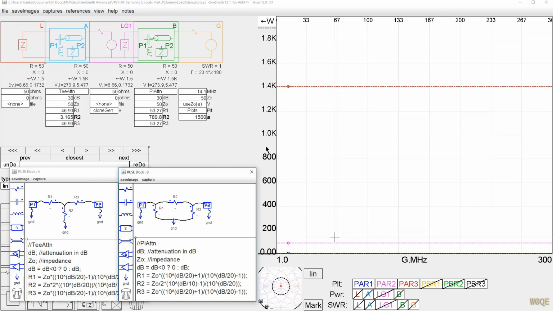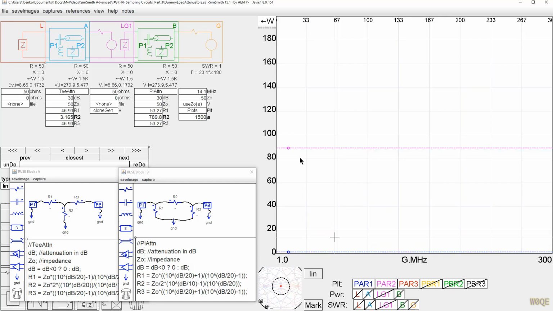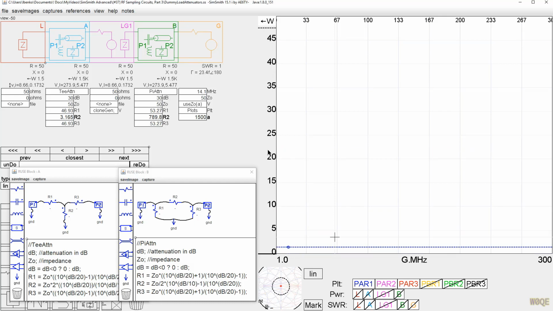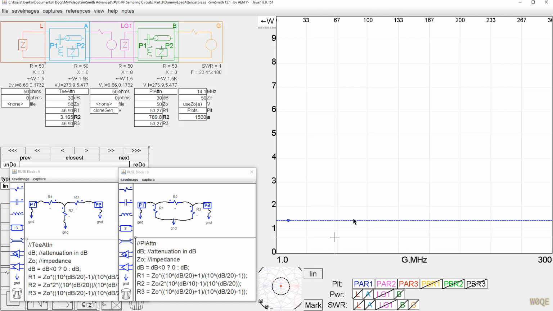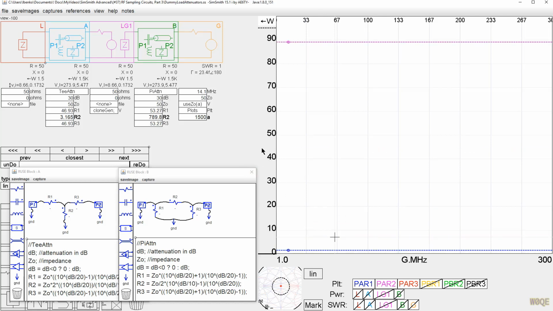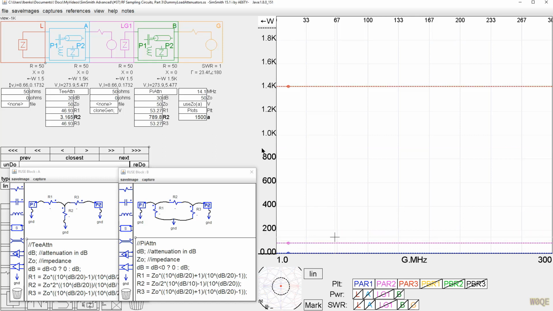We can take this scale here and, okay, so this resistor R2 has about 90 watts in it, and resistor R3 has just 1.5 watts in it or something like that. And if we look at the resistors in the pi network, even though they're different values, they're put in a different place. They have exactly the same power dissipation.